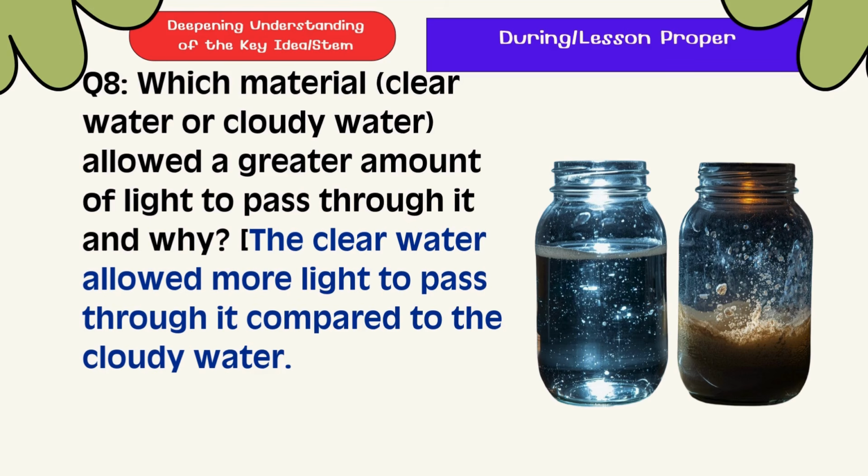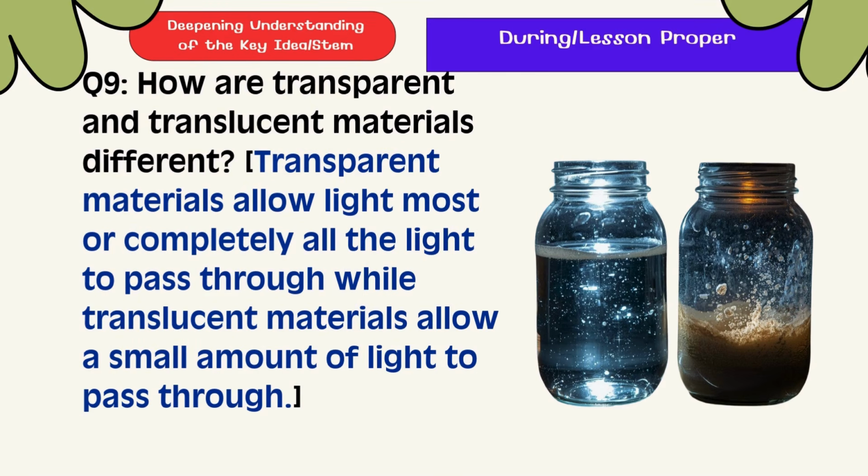The clear water allowed more light to pass through it compared to the cloudy water. Question 9. How are transparent and translucent materials different? Transparent materials allow most or completely all the light to pass through, while translucent materials allow a small amount of light to pass through.